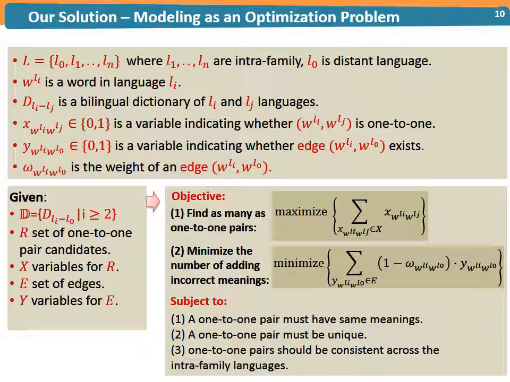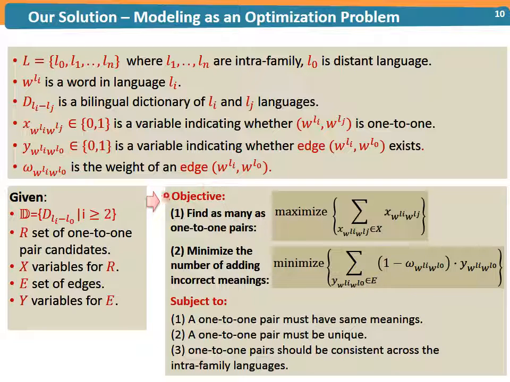Once we have the list of one-to-one pair candidates and the possible missing edges with their corresponding weights, we model the process of selecting the correct one-to-one pairs as an optimization problem. Therefore, we define some variables: x is a variable indicating whether a word pair is a one-to-one pair, and y indicates whether an edge is missing.